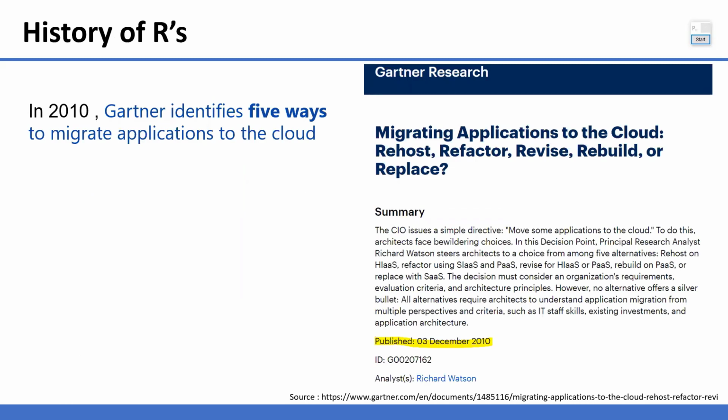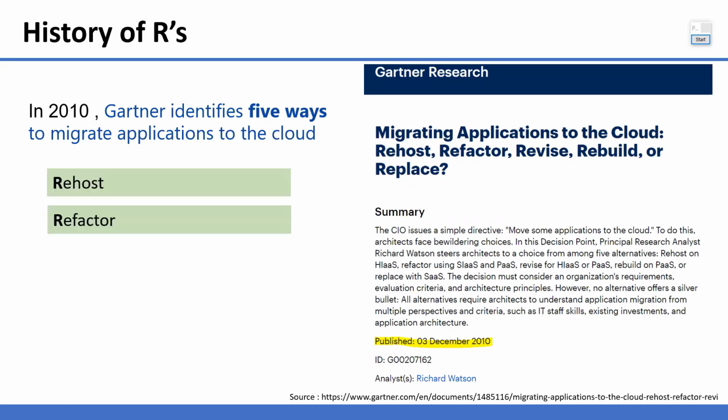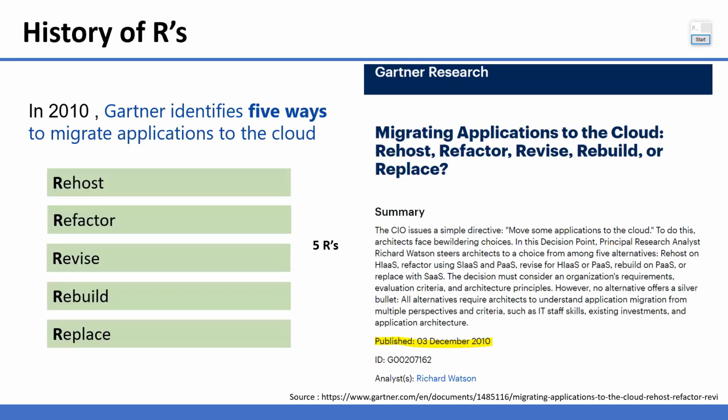In 2010, Gartner identified 5 ways to migrate applications to the cloud. Those were rehost, refactor, revise, rebuild, and replace. These are known as the 5 R's: rehost, refactor, revise, rebuild, and replace.